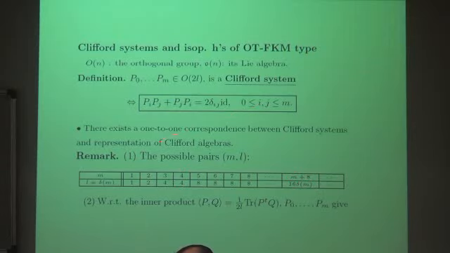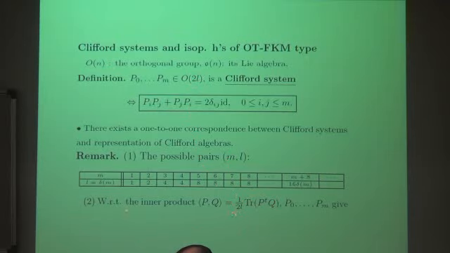Yes. So there is an infinite series of these pairs. And even for the same M and L, non-equivalent Clifford systems exist. Now, with respect to the inner product on this orthogonal group, we take such normalization, 1 over 2L. 2L is the dimension of the space on which Pi acts.